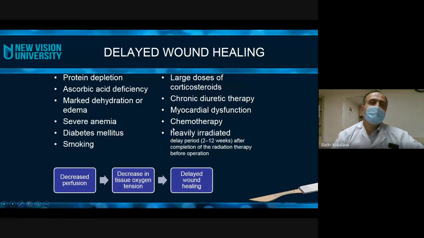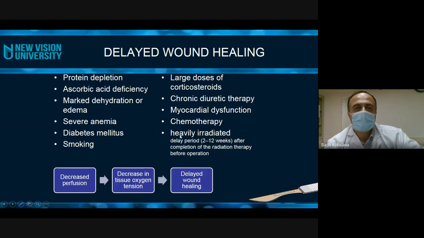That's why after oncological surgery, after removal of the cancer, we start chemotherapy, not immediately after the surgery, but after the healing of the surgical wounds. And irradiation, radiotherapy.